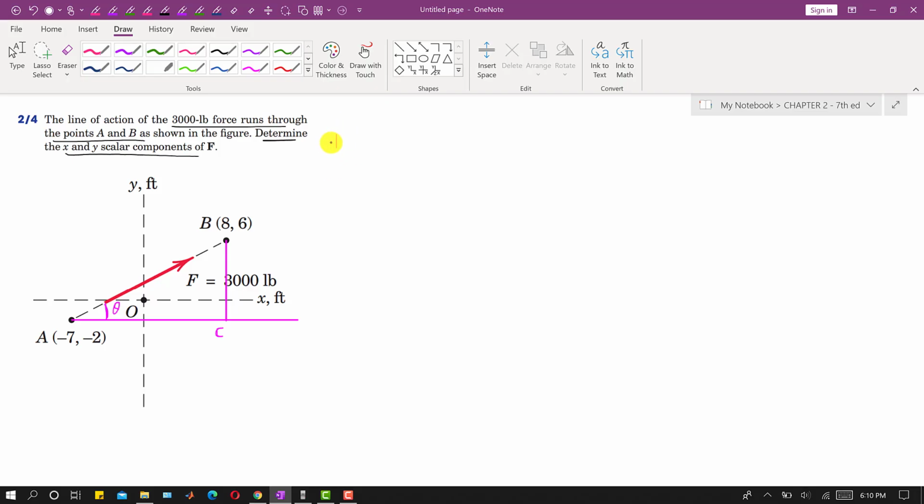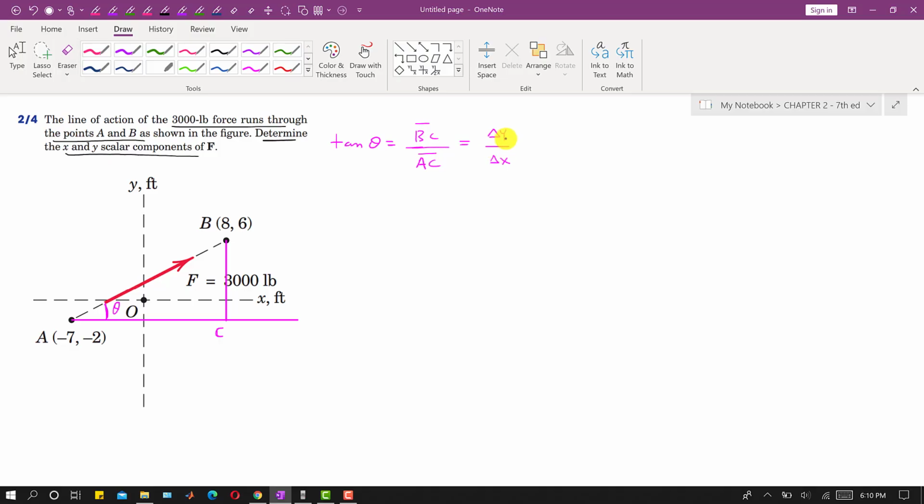So I can write that tan theta is equal to BC, this perpendicular, divided by this AC, right? So this means that tan theta is the slope of this line, and this BC is the change in y coordinate, and this AC is the change in x coordinate, right?